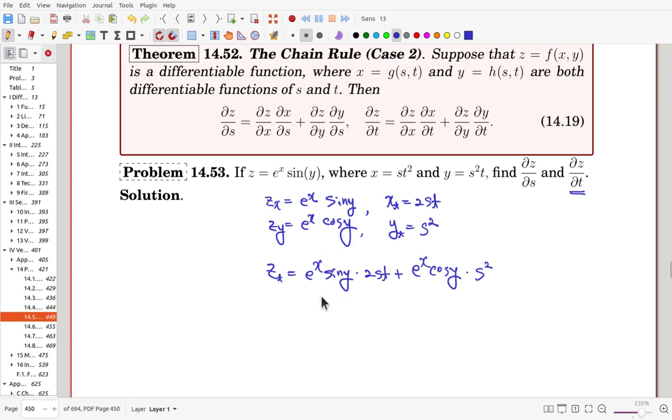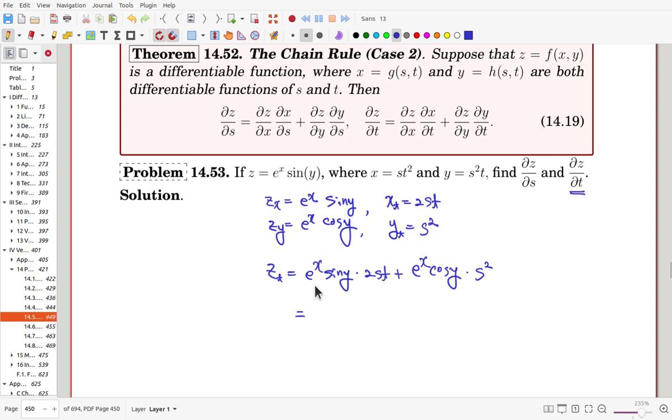This is not complete yet. We are now considering z as a function of s, t. So here x and y must be replaced by the functions of s and t.